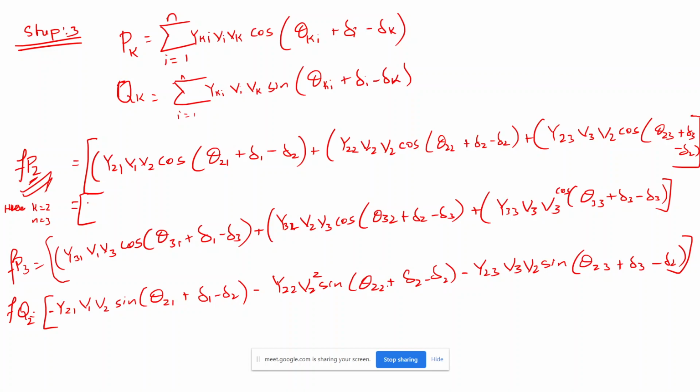Y21 is equal to 12.13 with the angle of how much? 104 degree, correct?